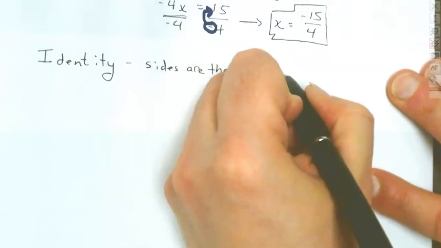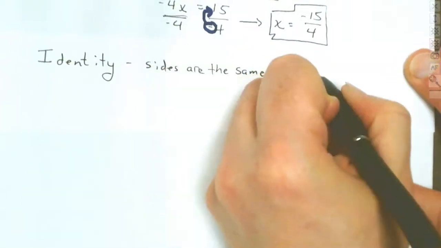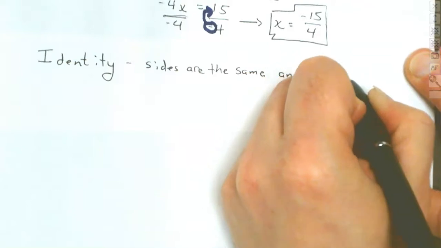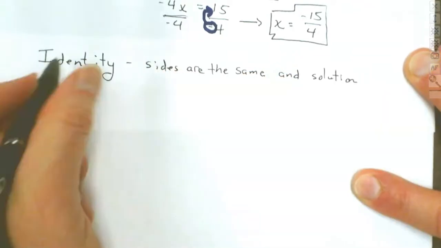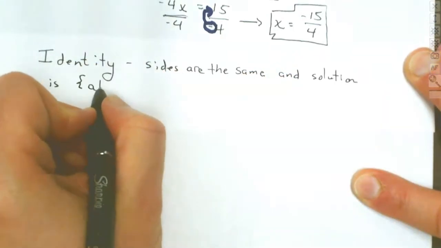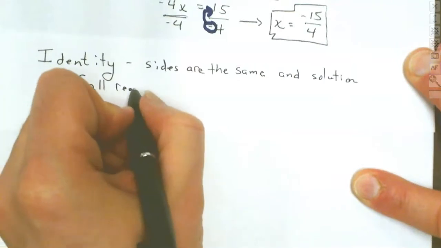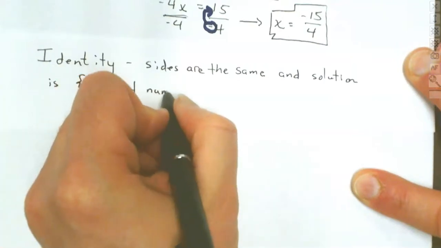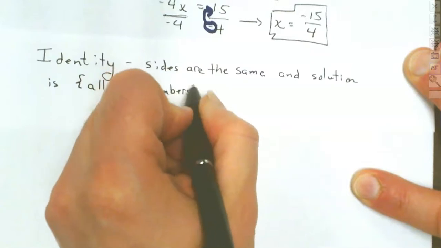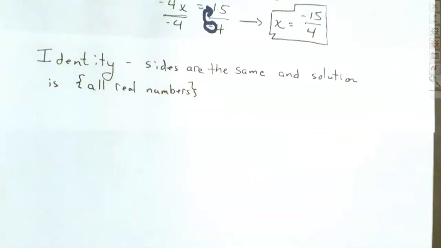And the solution is all real numbers. And you can use negative to positive infinity, but I use all real numbers because that's the way our textbook does it. But I would also take negative to positive infinity. They mean the same.